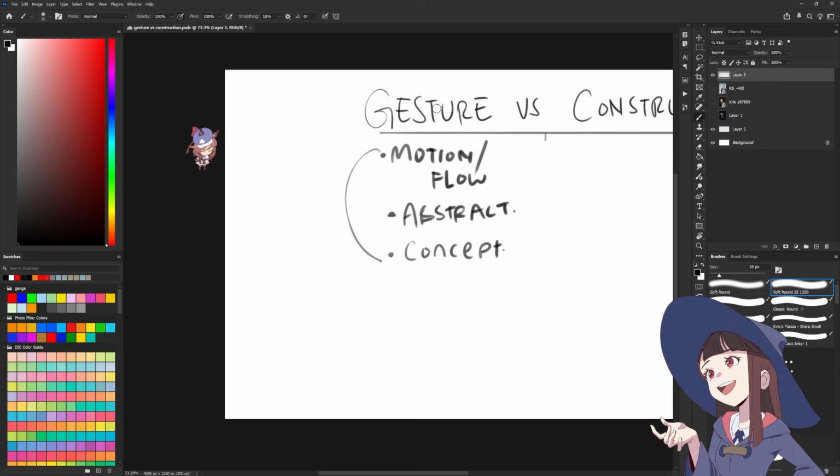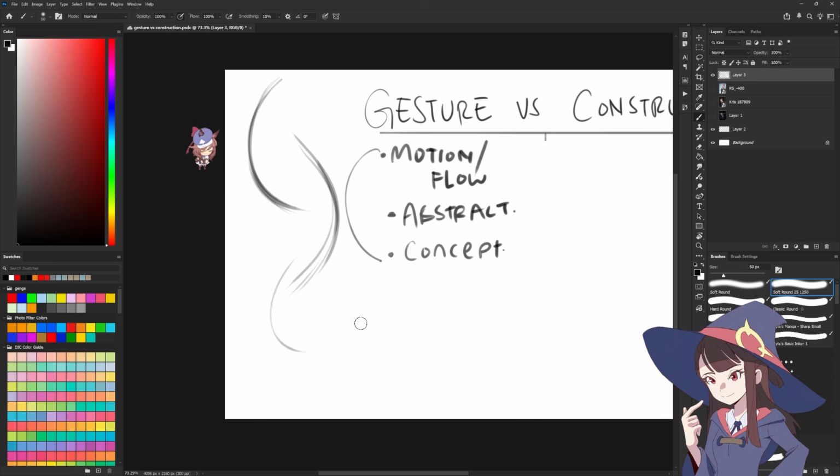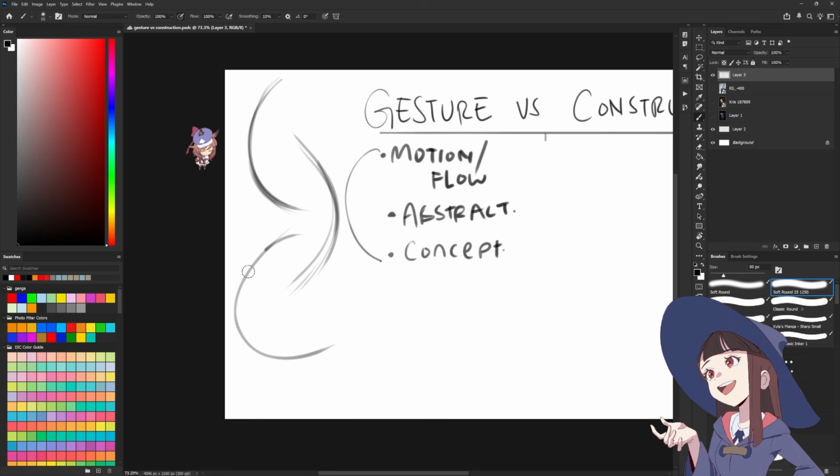The whole thing about gesture all boils down to the type of line. So your line shouldn't be hairy like that, or squiggly like this. Your lines, you want to think of nice, smooth, swerving lines that go from thin to thick to thin, that sort of build out as they hit the curve.